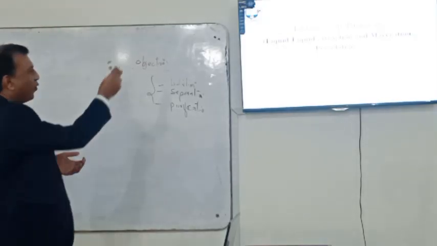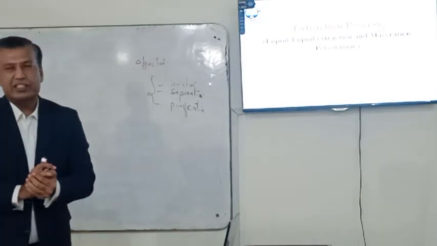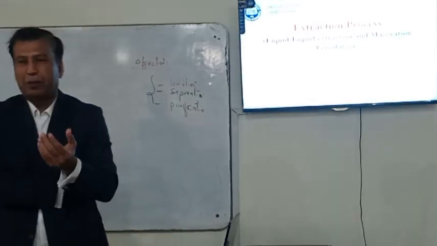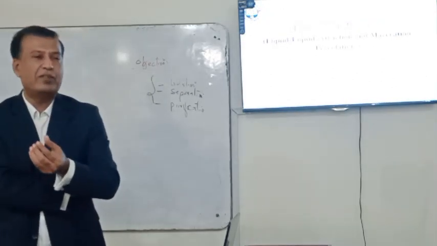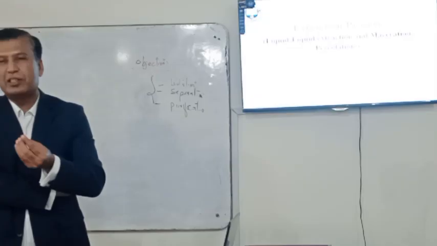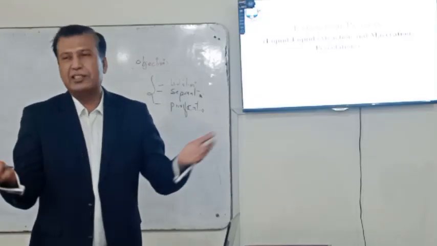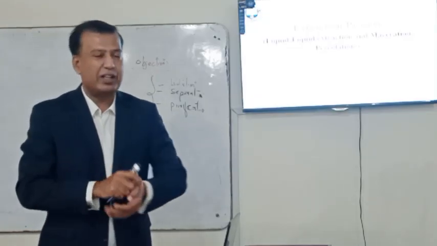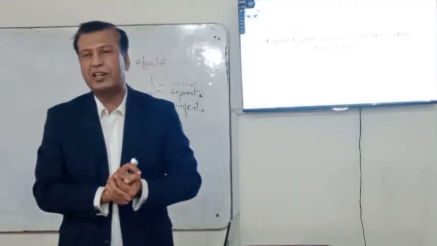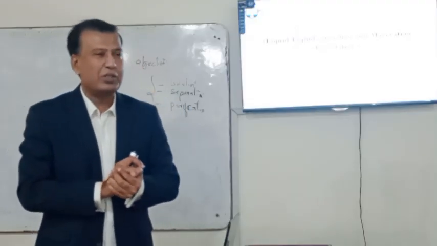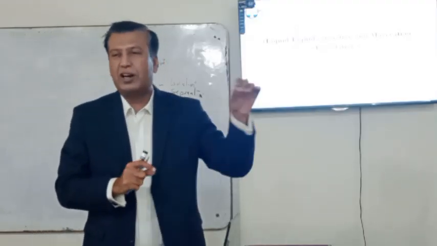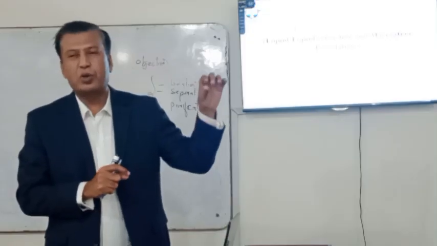So the first thing: for what purpose is the extraction process done? What is the objective of today's lecture? Very simply, nowadays technology is very advanced, and we use many different technologies to make drug molecules. But when there was no technology, we got all the drugs from crude drugs.